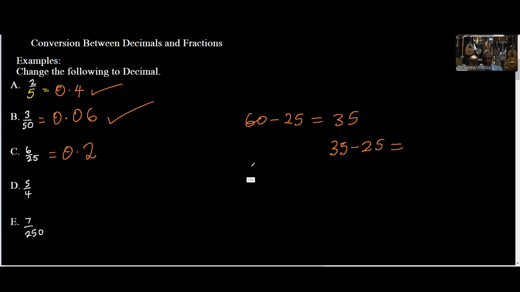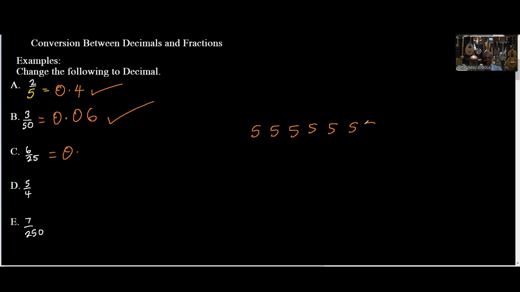Let me do something. Let me count in fives, okay? 5, 10, 15, 20, 25, 30, 35, 40, 45, 50, 55, and 60, right? So I want to see how many times 25 can go. This is 5, 10, 15, 20, 25. This is one time. 5, 10, 15, 20, 25.